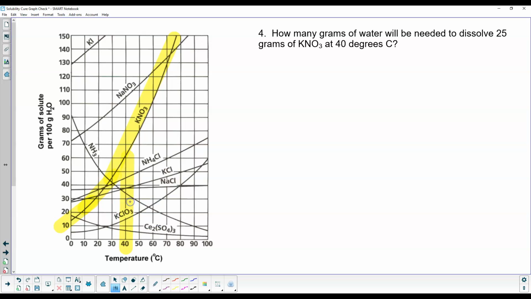So we know that 100 grams of water will dissolve, we said roughly 61 grams.